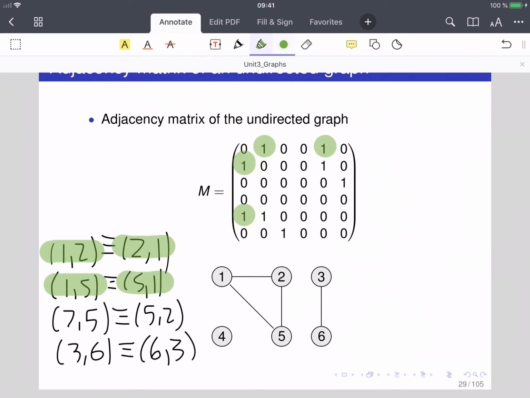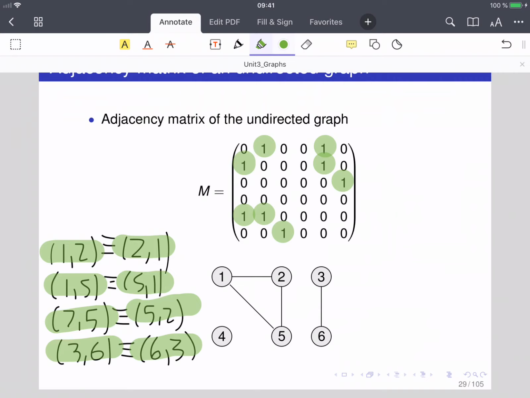Notice that 2, 5 appears here in position 2, 5 and also in position 5, 2. And finally 3, 6 appears here, row 3, column 6, and also here in position 6, 3.